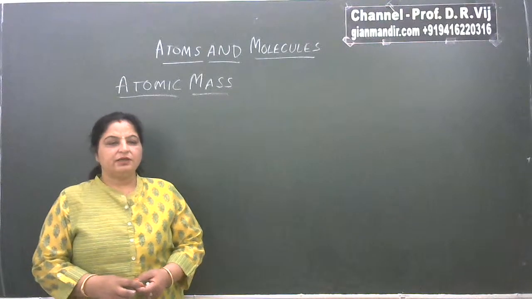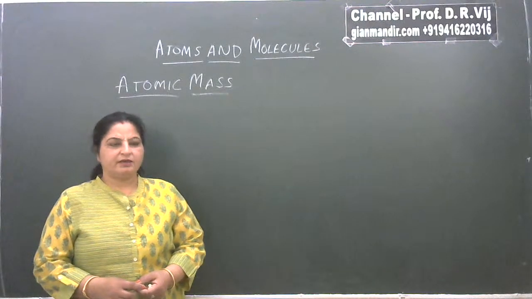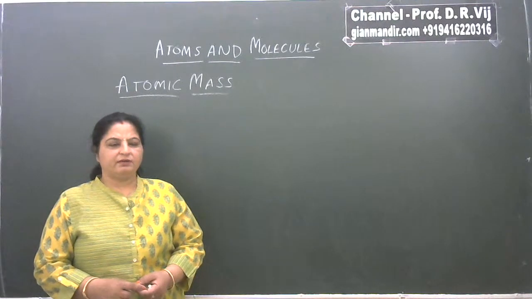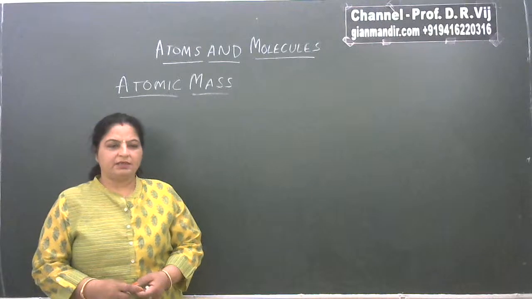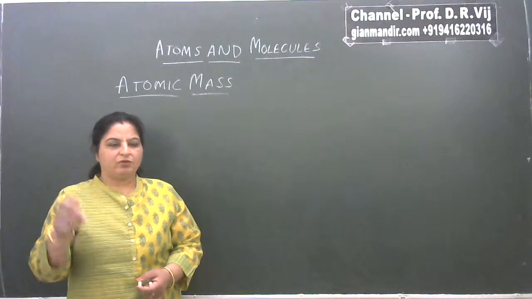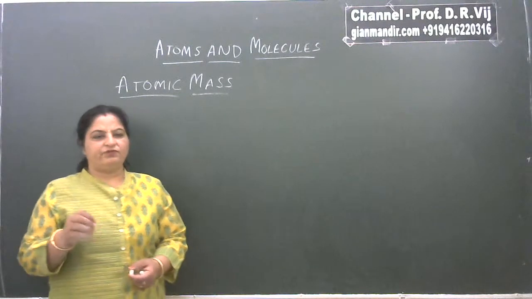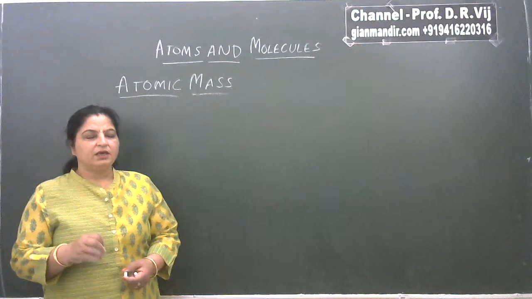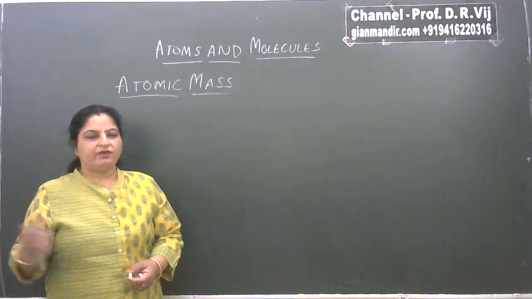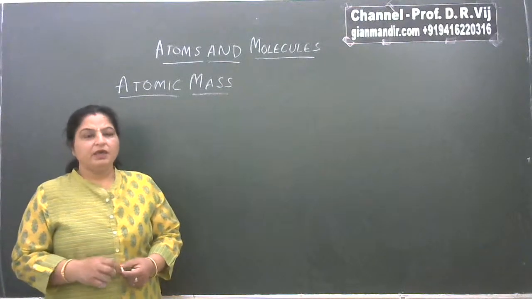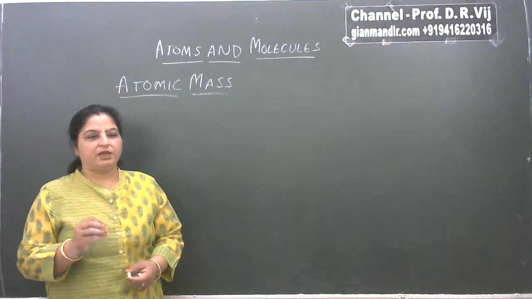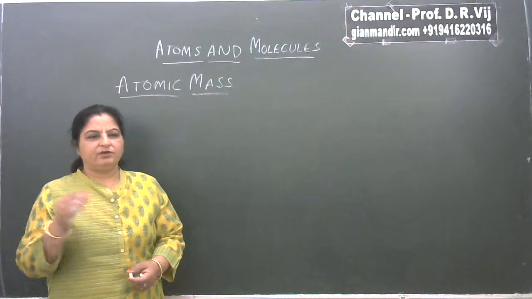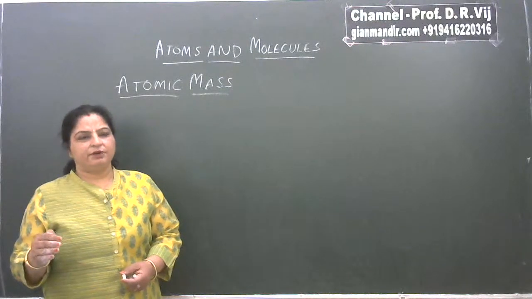It was clear that as an atom is matter and matter has mass, and as told by Dalton, every atom of the same element should have the same atomic mass, and atoms of different elements have different atomic masses, which means the atomic mass of an element is its fundamental property, which makes one atom different from another, right?